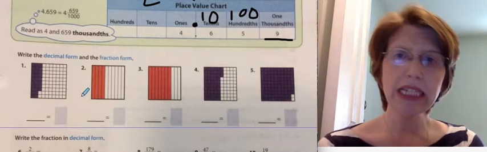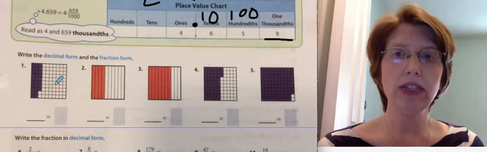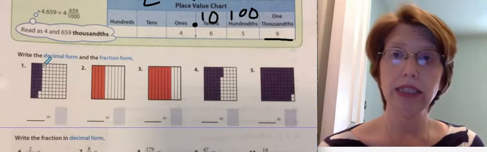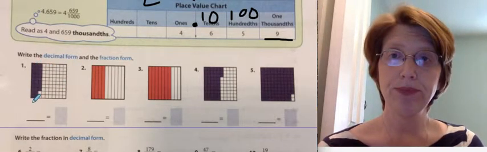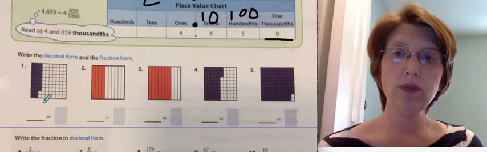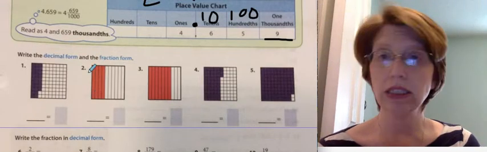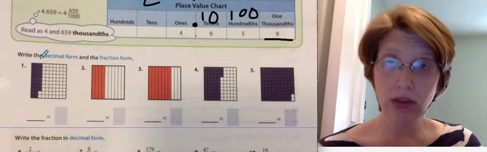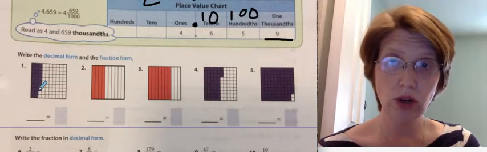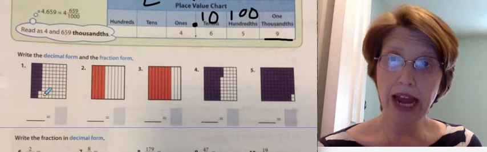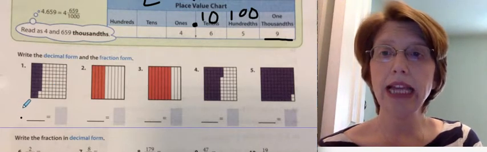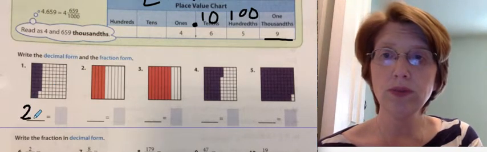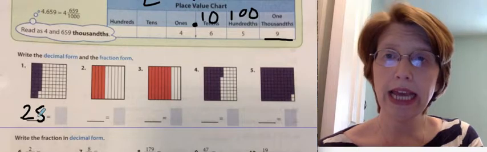When I see this grid, I know that this is a grid of 100 because it's 10 by 10. They want the decimal form first and the fraction form next. For the decimal form, I count my rows. I've got 2 full rows, which would be 20. And then I have 8. So that's 28. So I'm going to do a decimal and then 28.